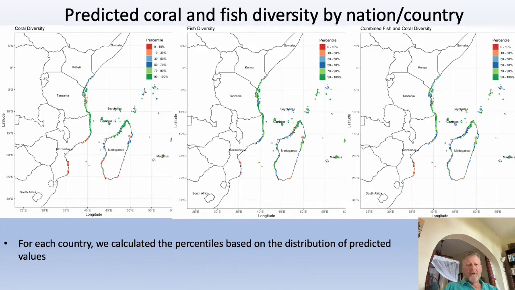One of the things we're doing is not just looking at the biodiversity at the provincial level, but also looking at the country level. So here you're scaling biodiversity by the diversity within that country. So you can see within each country where the high and the low spots are located.